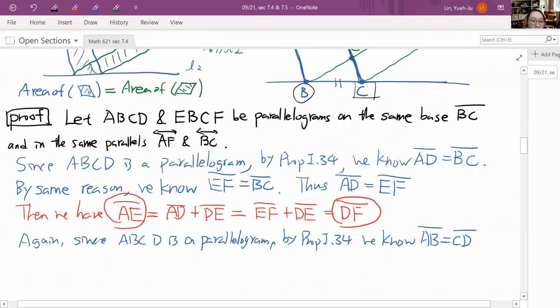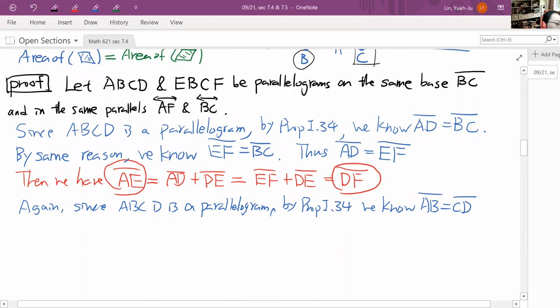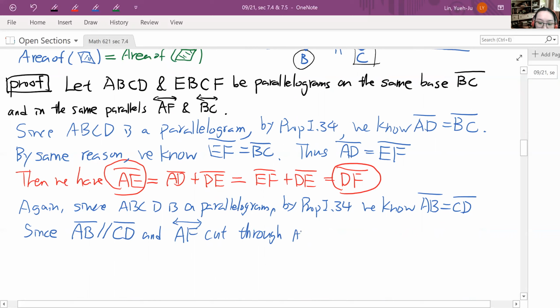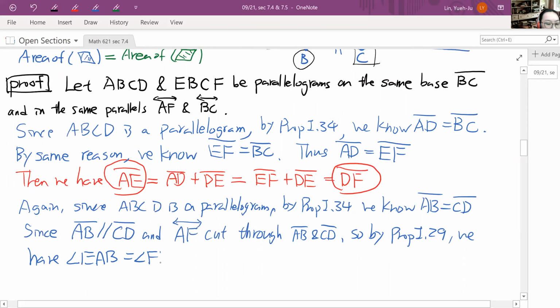Let me write down what we have here. Since AB is parallel to CD, and the line AF or AD cuts through these two, by the same proposition 1.29, we can prove that angle EAB is equal to angle FDC.